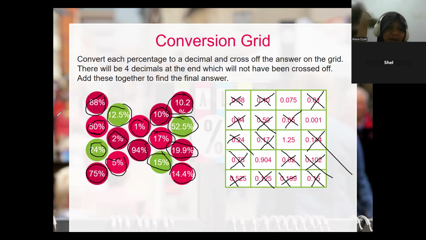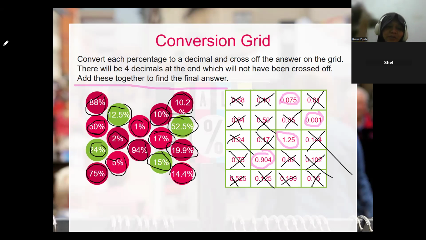Now we have, hold on a second, 1, 2, 3, 4. There are four decimal numbers that have no fraction match. So you need to add these together to find the final answer.